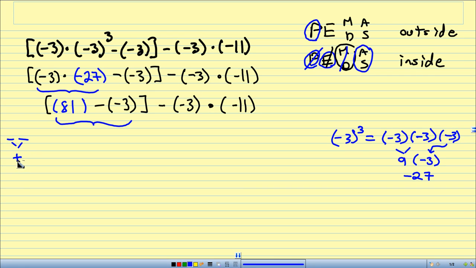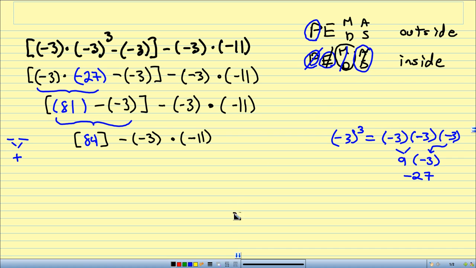You cross the vampire stakes and you're like, back you vampire, creature of the night. So it's 81 plus 3, well, that is 84. And it's in the brackets, minus a -3 times -11.